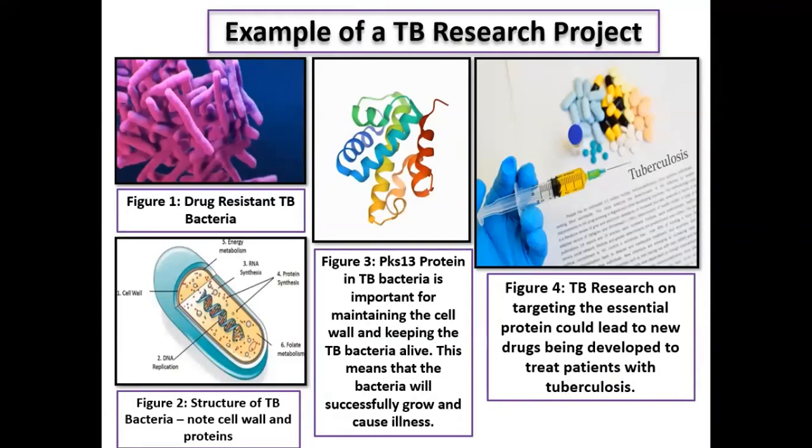Just like how our bodies need proteins to function normally and to be healthy, so does M. tuberculosis. In my research, I have identified one such protein called PKS13 that is important for maintaining the cell wall of M. tuberculosis. Without the cell wall, the TB bacteria will not be able to survive. I have been researching many different compounds that can be used to target the protein and stop it from functioning.